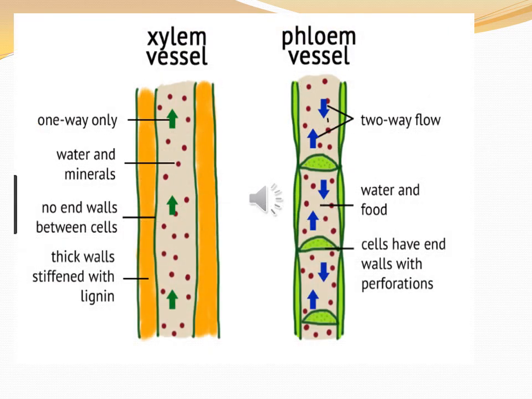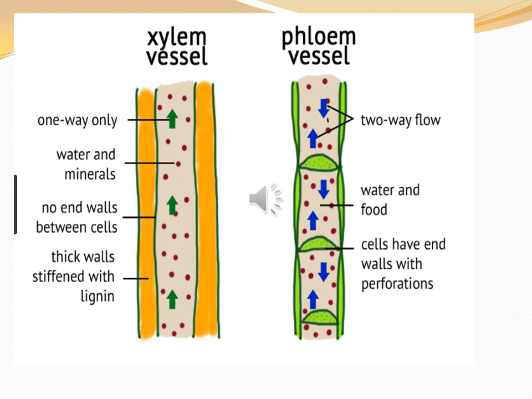These diagrams are basically showing you the difference between xylem and phloem. Inside the xylem vessel there is only one way flow of water and minerals, that is from roots to the other parts of the plant. Inside the phloem there is two-way flow of sugar molecules, up and down.